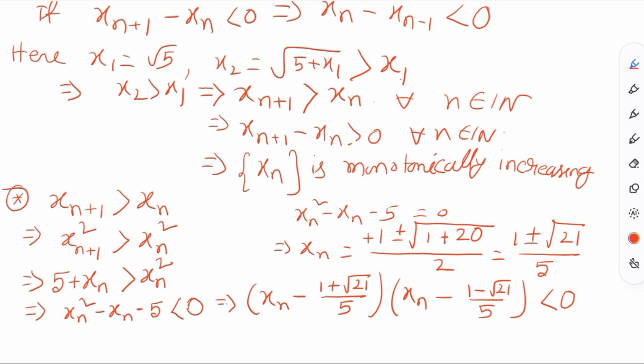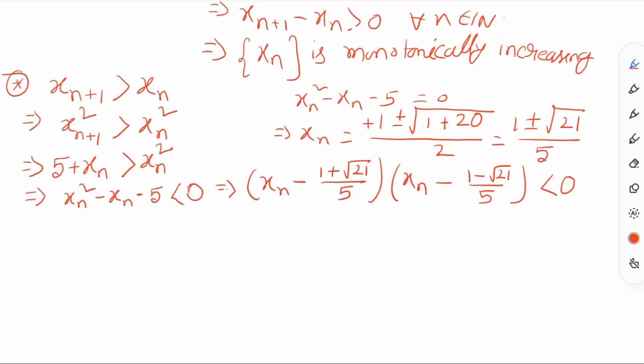Now the product of two terms is less than 0 means either one term is positive and the other term is negative. Now students see, this quantity is negative. Why? See, 1 minus root 21 by 5.